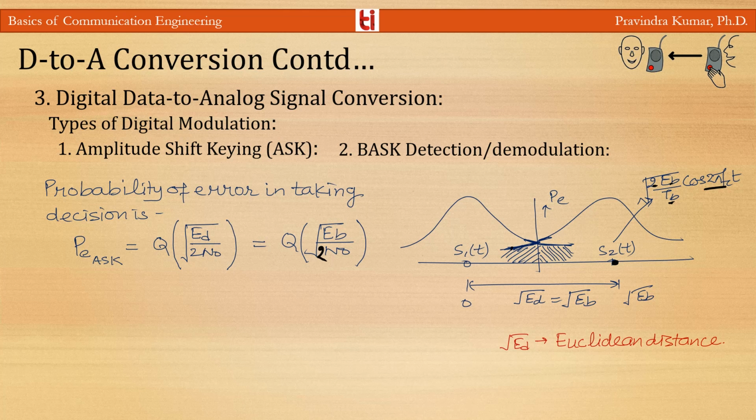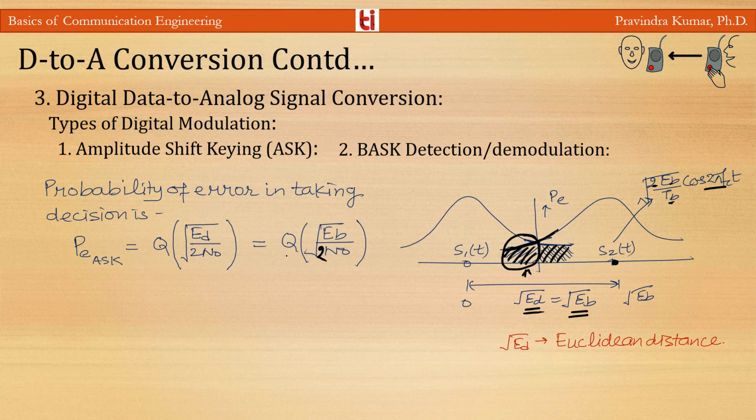S2(t) is the representation of bit 1 and S1(t) is the representation of bit 0, and this is the region of error, the error in the decision.